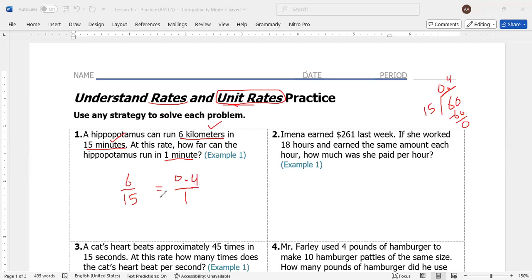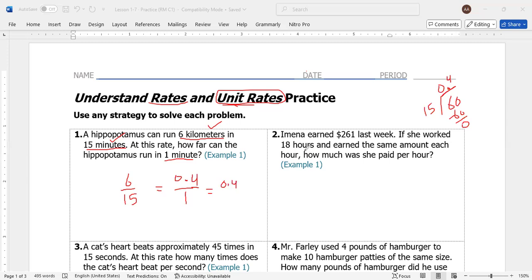So we find that it can run 0.4 kilometers in 1 minute, which is the same as 0.4 divided by 1, which remains 0.4. So this is how to solve the question.